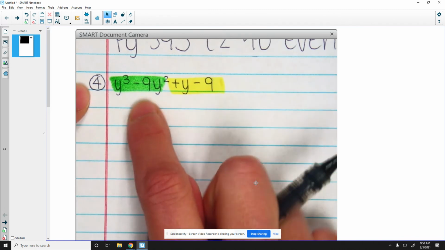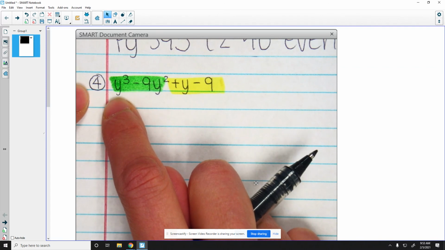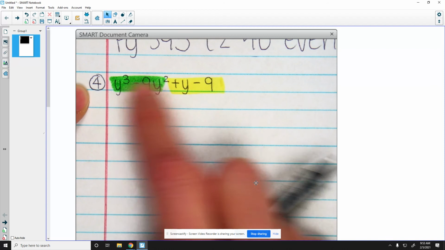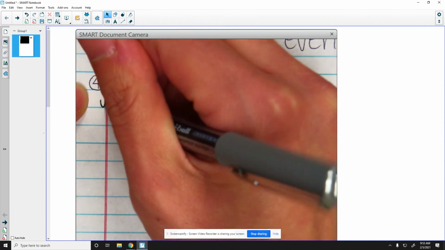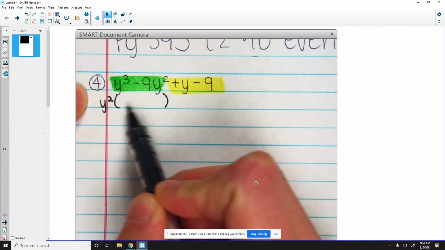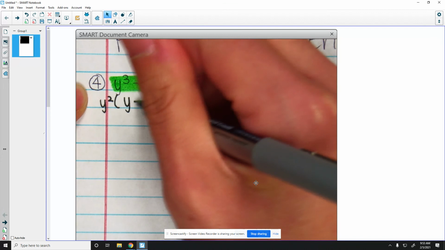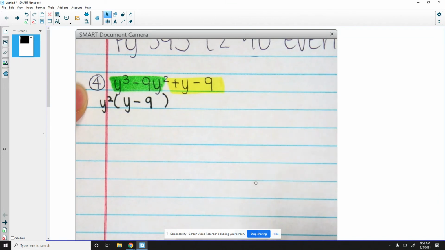All right, the green, what can I take out? y squared, right? Because there's 3 of them here, 2 of them here, so I can take out a y squared. What's left over? y minus 9. Okay.